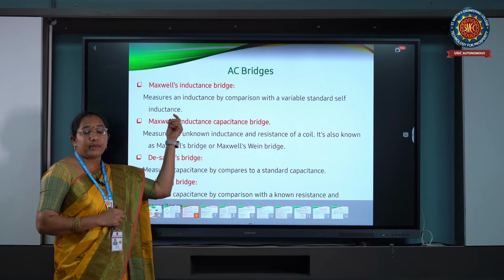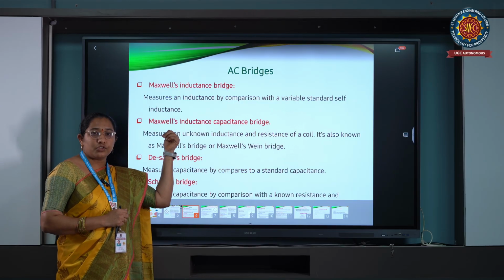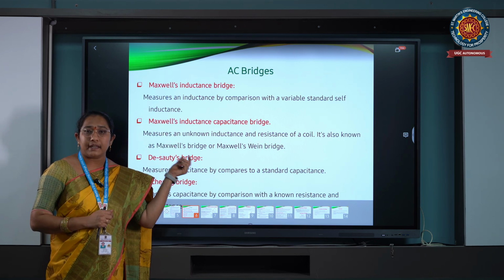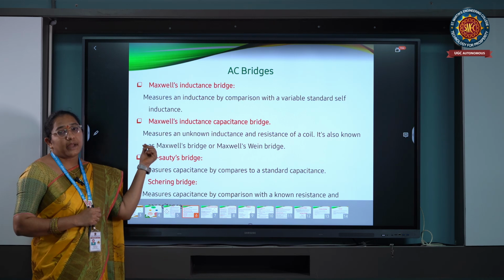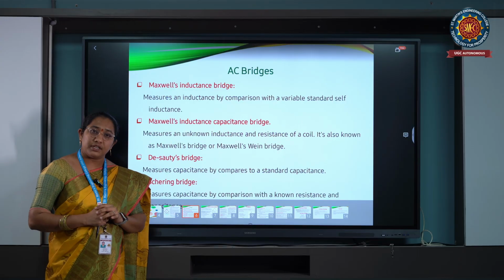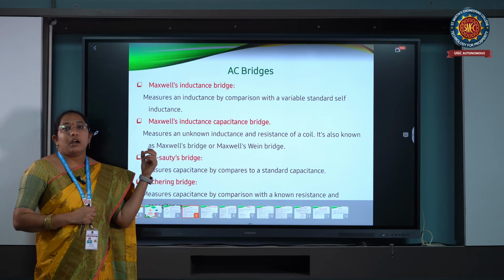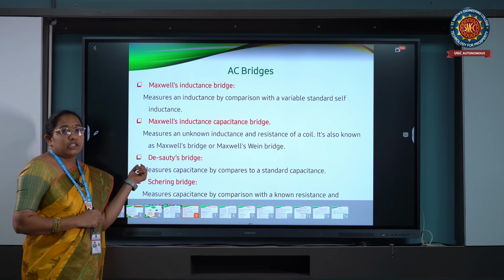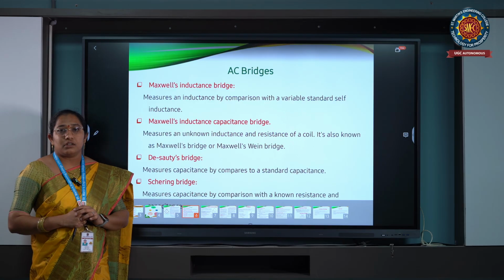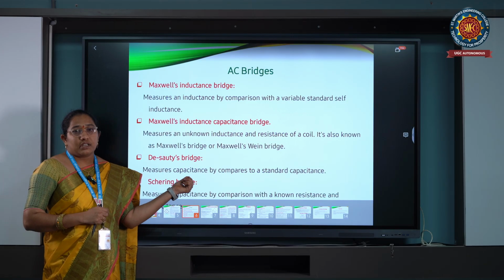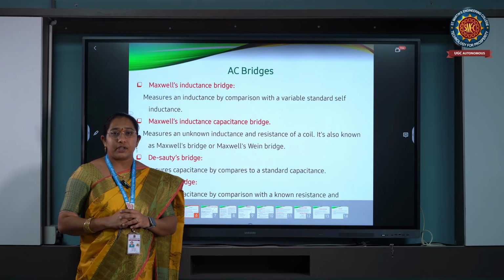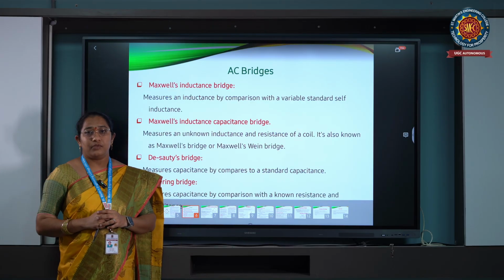Here Maxwell's inductance bridge is used to measure unknown inductance by using a standard inductance value, and Maxwell's inductance capacitance bridge is used to measure unknown inductance and capacitance values, and the DSRT bridge is used to measure unknown capacitance value, and the Schering bridge is also used to measure unknown capacitance and resistor values.